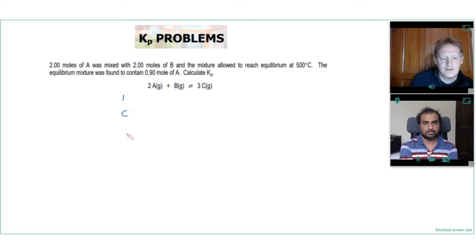So where this is the initial moles, change in moles, and equilibrium moles. Initially this will look exactly like what we do for Kc.